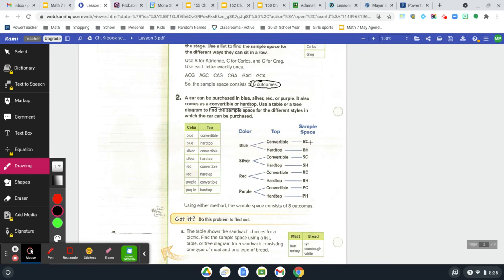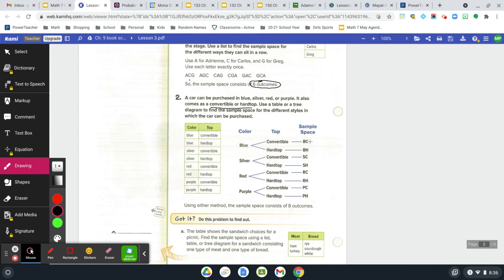In the sample space I just write the initials: B for blue, C for convertible. You can get a blue car, follow the branch that is a hardtop, and it's a blue hardtop, BH. So it's matching exactly what is in this table. It just looks like a diagram. It's a tree diagram, just a different way of representing the sample space. Silver car, convertible, SC. Silver car, hardtop, SH, and so on.